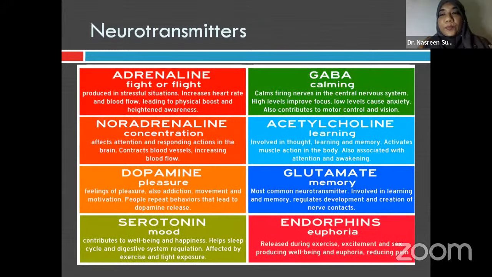Now coming to different types of neurotransmitters. One time the question is asked, mention different types of neurotransmitters. Only names we have to mention.